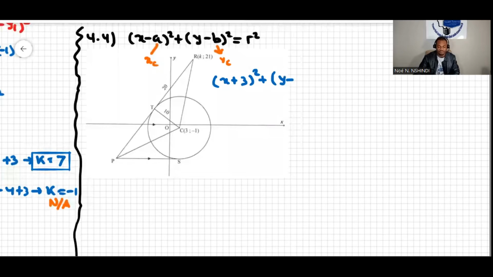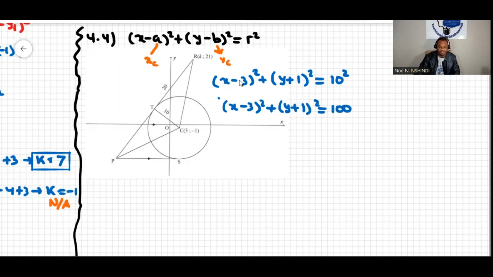But it's not positive 3, but minus 3 here, because a is the value of the x coordinate, which is 3, and the negative is part of the formula, so minus 3, and then y plus 1, because minus negative 1, to the power of 2 equal to r squared. R is 10 squared, so this can be written as x minus 3 to the power of 2 plus y plus 1 to the power of 2 equals 100.